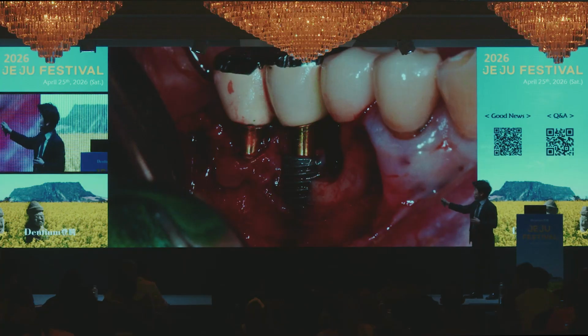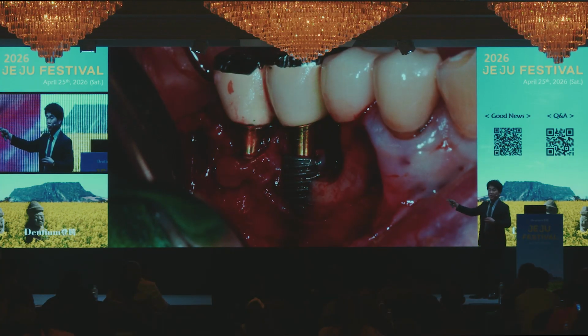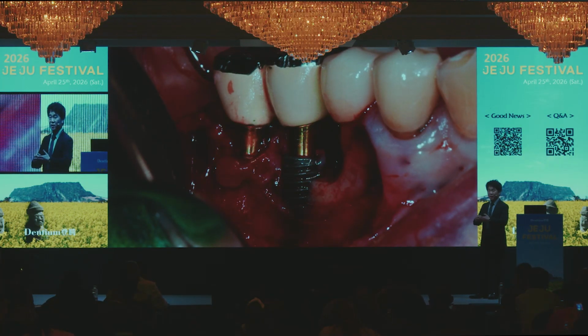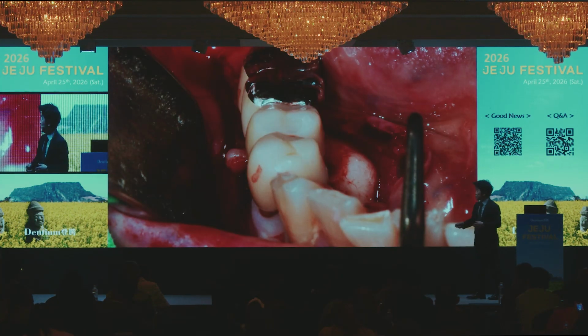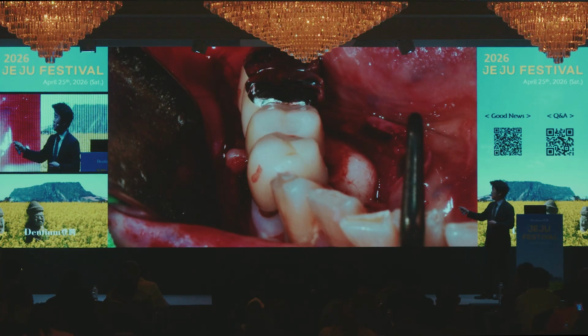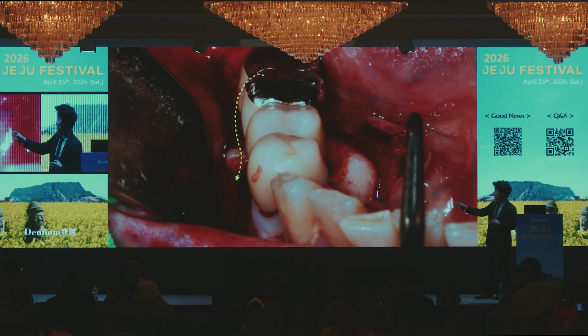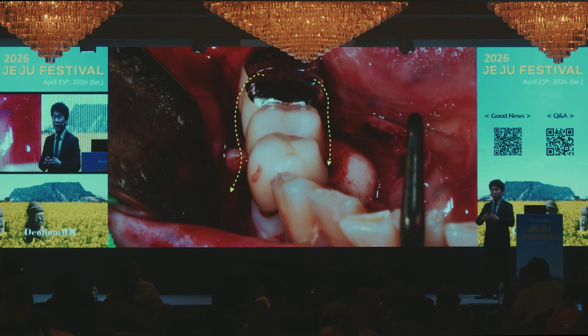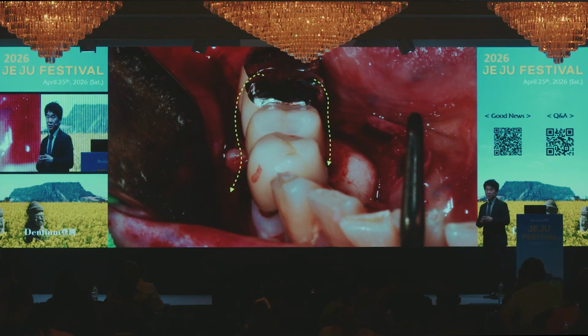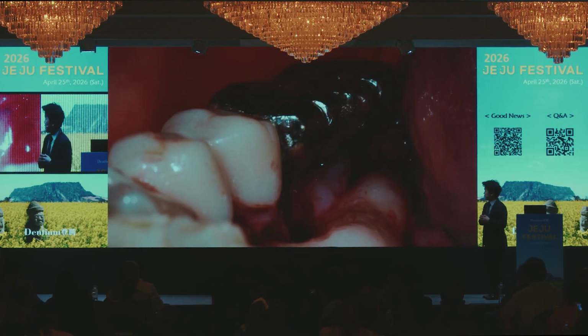The implant was already outside of the bone housing, such as this. The lingual area also has a big torus. As you can see, the buccal side and lingual side are not positive architecture. So we broadly removed this area so she can easily clean.